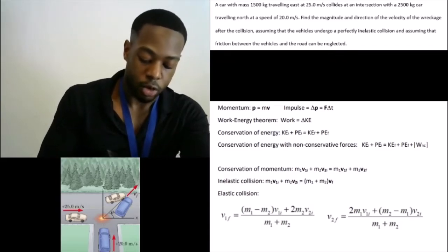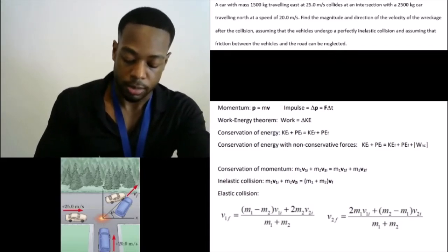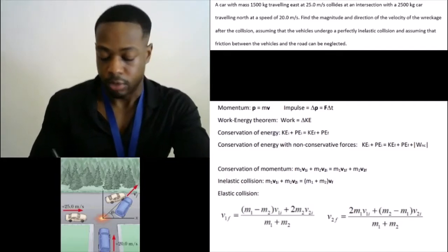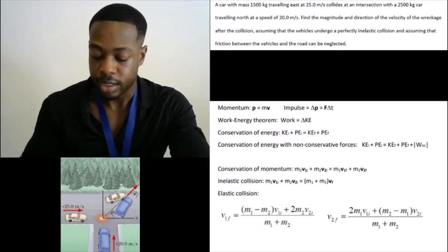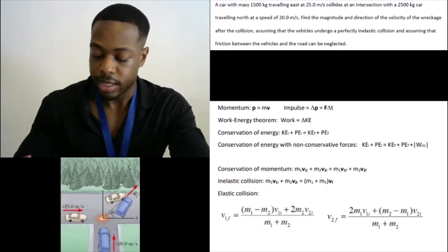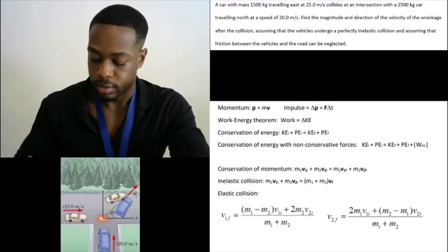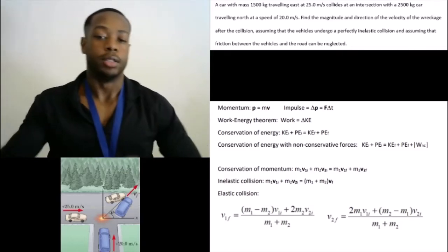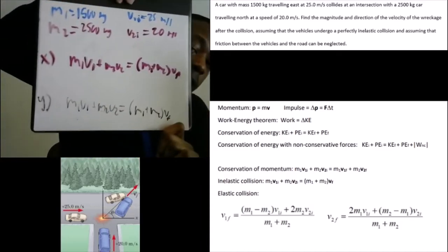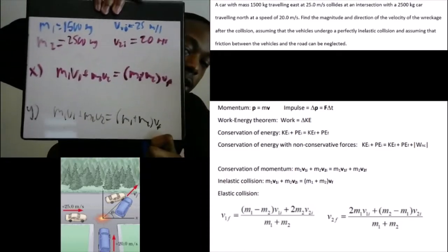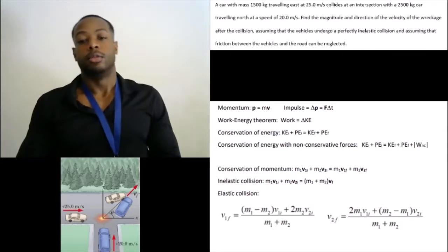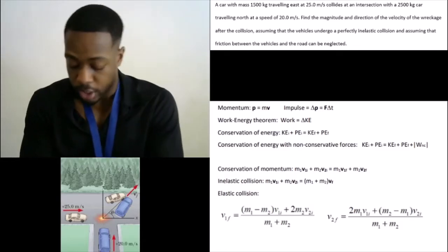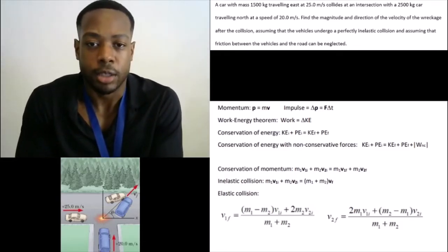We've got m1 v1 plus m2 v2 equals m1 plus m2 times the final velocity. I don't think I showed you this, but here's what we've got. X and Y conservation of momentum in an inelastic collision. So that's the idea. We could do the x's first and see what we get.